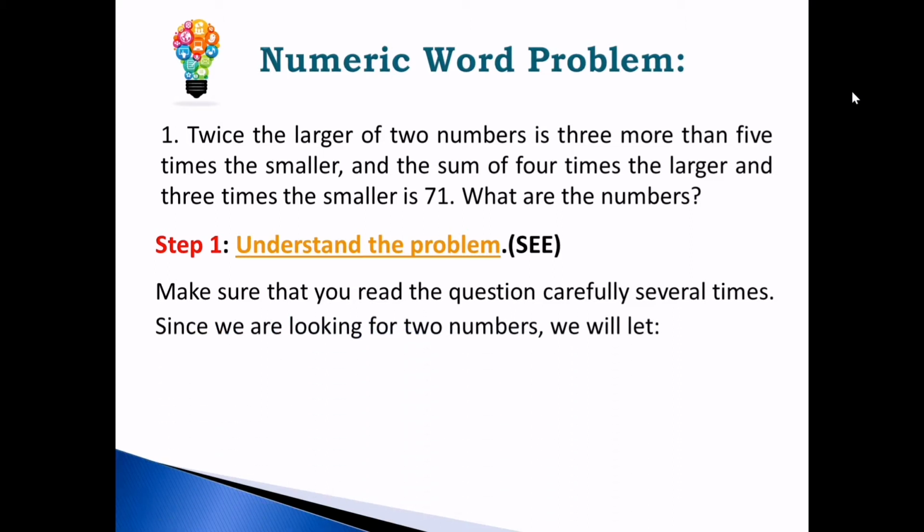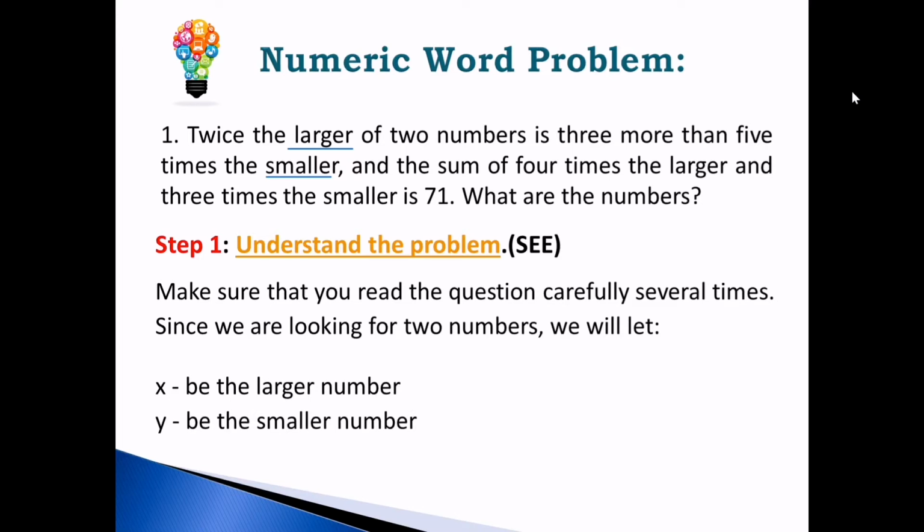We are talking about the larger and smaller number. So under understanding the problem, we can represent the larger and smaller number in such a way that we can determine them easily: we are looking for these two numbers, x as the larger number and y as the smaller number.